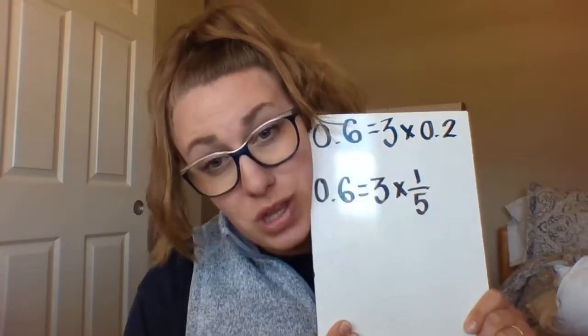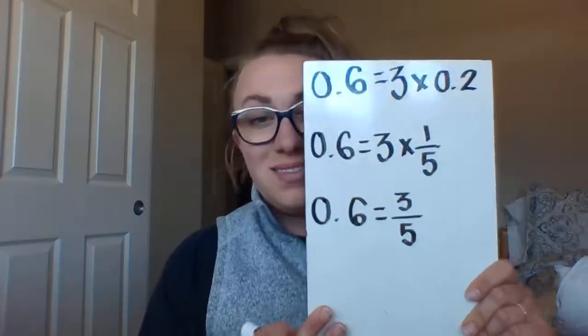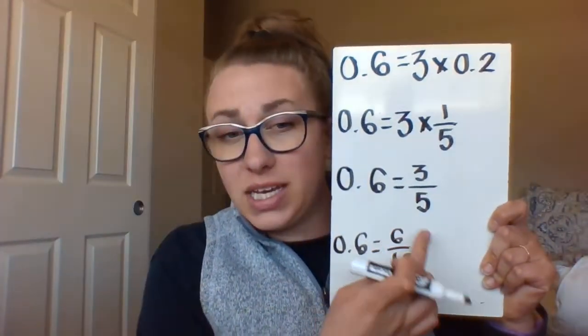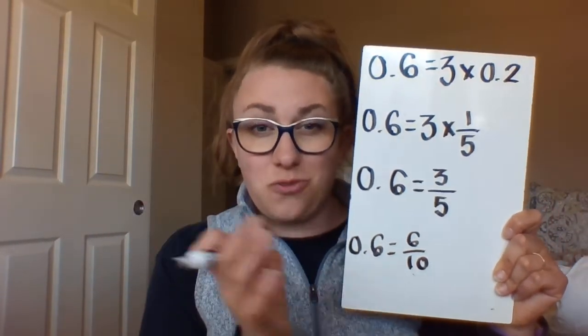So what are we going to end up with, y'all? 3 times 1/5, think about it. 0.6 is the same thing as 3/5. Another way you could look at it is that 0.6 or 6/10 is like 6/10. And then you can realize I can still divide these numbers by 2 to get it to its very simplest form.